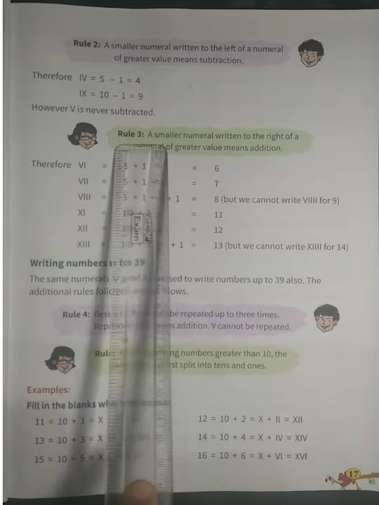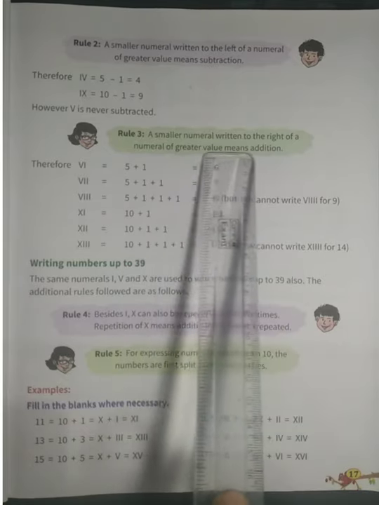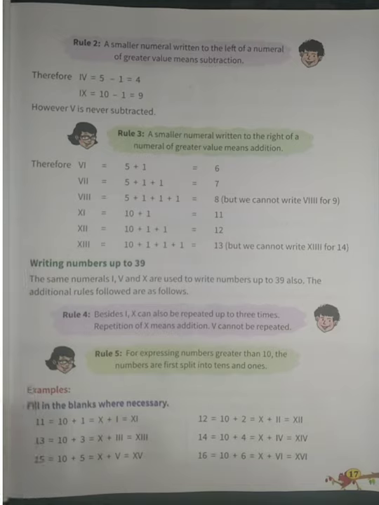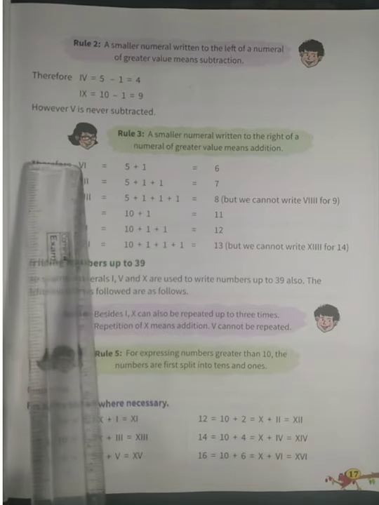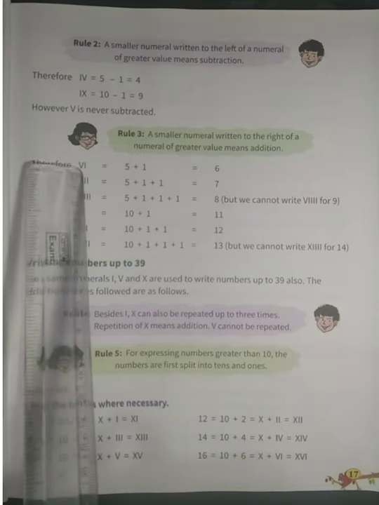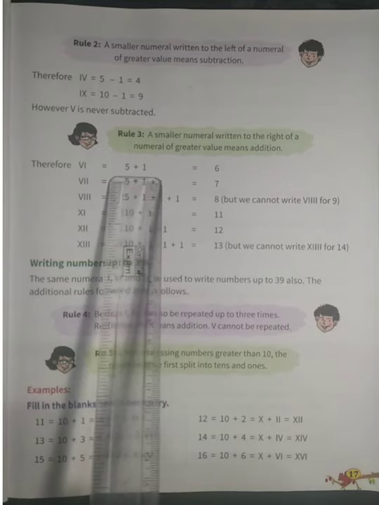As per rule number 3, a smaller numeral written to the right of a numeral of greater value means addition. As I told in the previous page, any Roman numeral that comes to the right-hand side of the greater value will become addition.